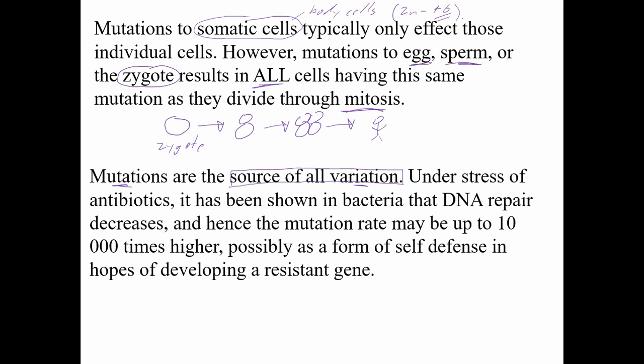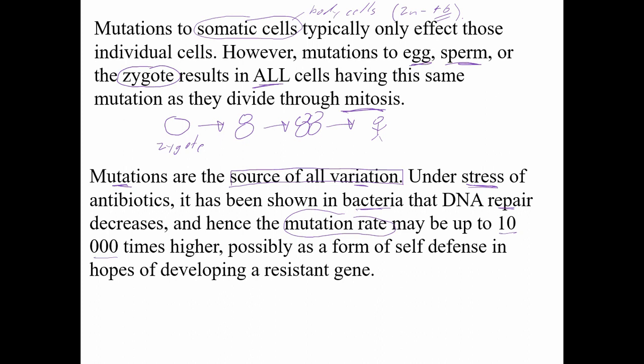So that is a variation that we can't tell just by looking at someone, but that is biochemical variation. We're going to talk a little bit more about bacteria in a bit here, but under stress, various different kinds of stress, antibiotics is one example, bacteria's repair mechanisms to their DNA actually decrease, and their mutation rate bumps up considerably, maybe up to 10,000 times higher.